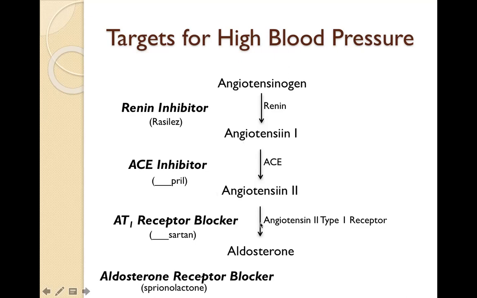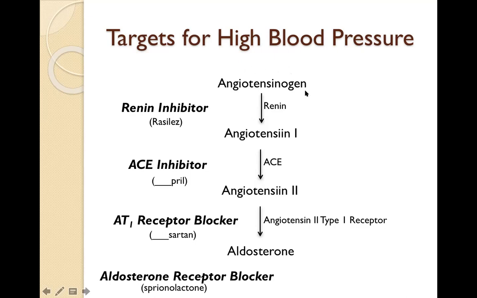One of the receptors that it binds to is on the adrenal gland, and that adrenal gland will produce aldosterone. So at every single step of the way, we can use a medication that can block what's being produced or block what's helping activate this pathway.